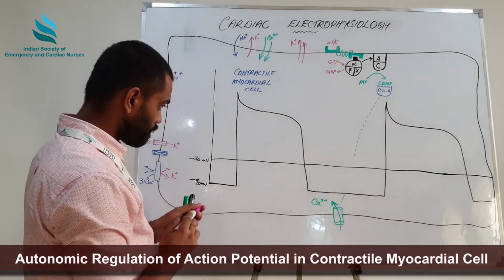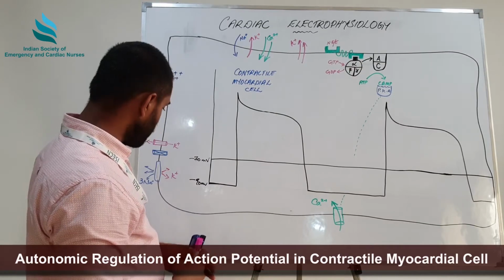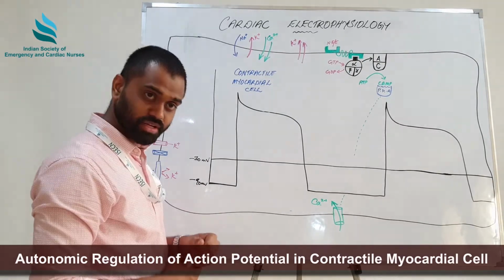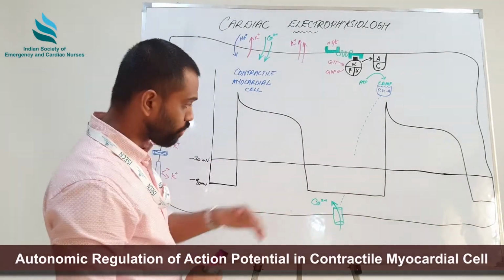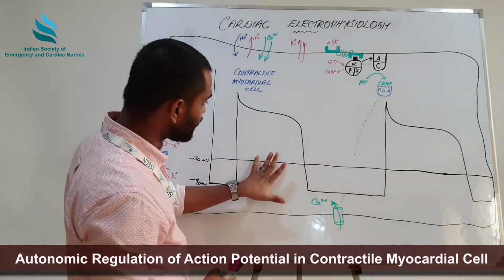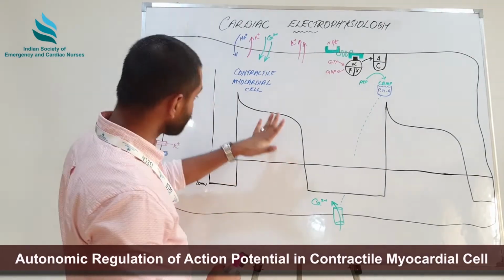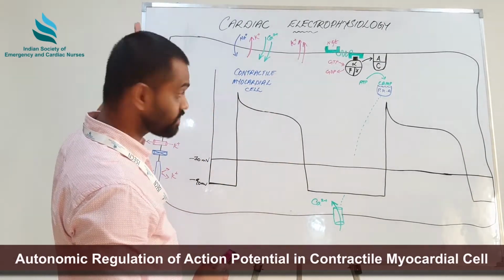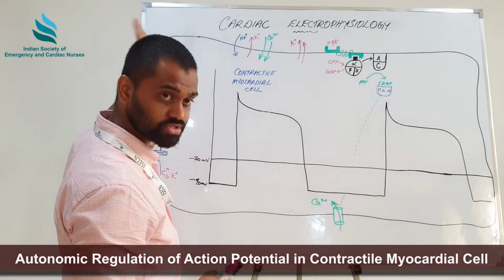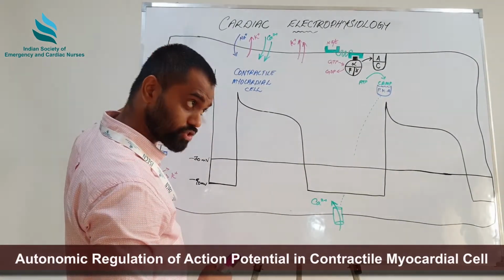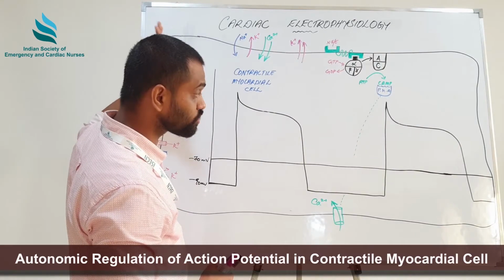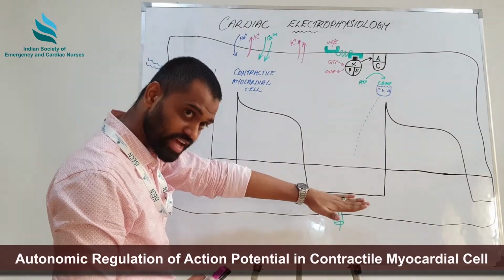Now just imagine the cell is set at a resting membrane potential of minus 90 millivolts, and that is in phase 4, and this particular cell is waiting to get excited when there is entry of cations from the surrounding cells. So it is waiting with its open gap junctions for the entry of cations to get excited. The stage is set for the action potential.